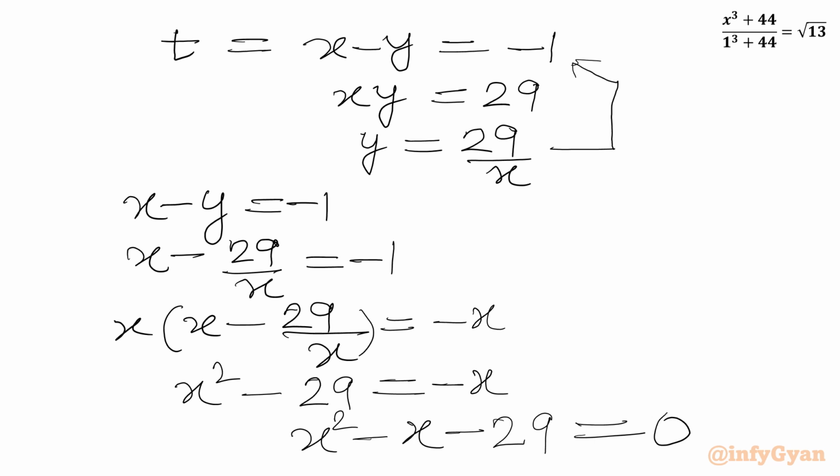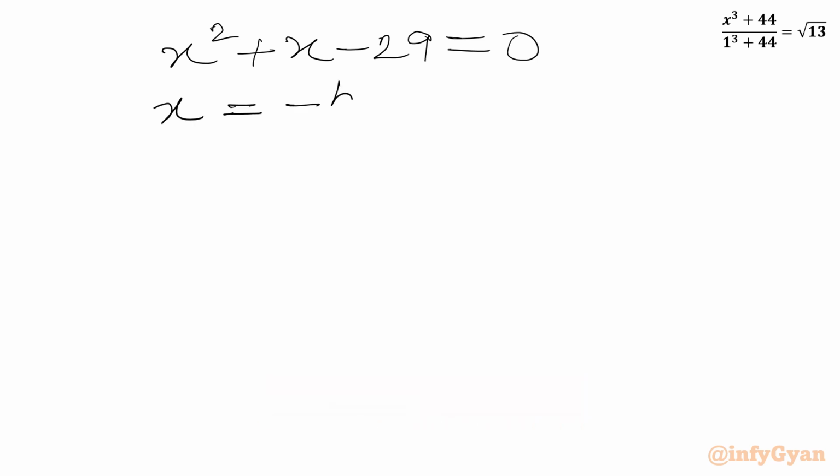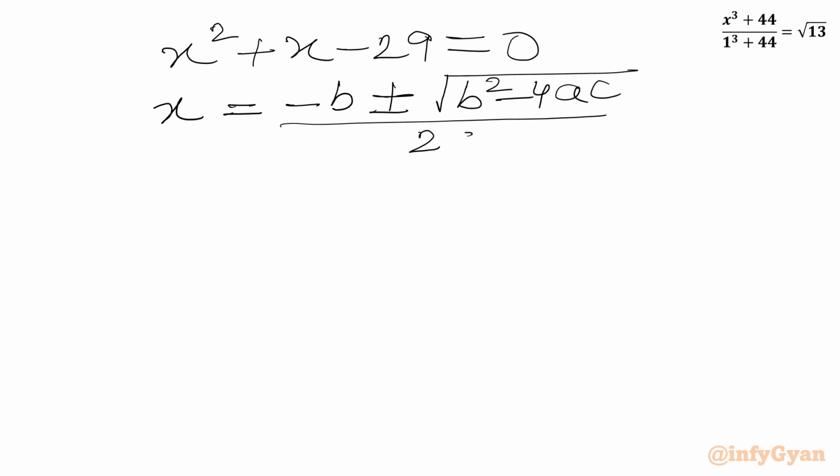This is one quadratic equation, which will have a plus sign. We will use the quadratic formula. So I can write x² + x − 29 = 0. Let's apply the formula: x = (−b ± √(b² − 4ac))/(2a). a is the coefficient of x², 1. b is the coefficient of x, plus 1 again. c is the constant, so −29.